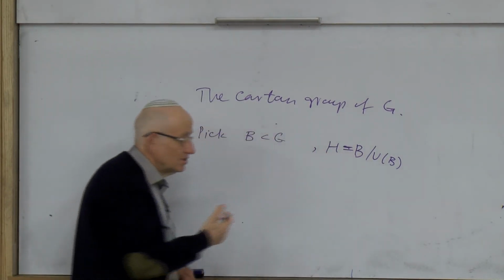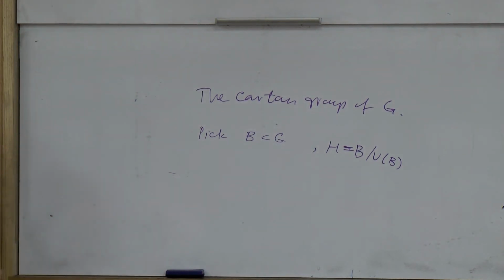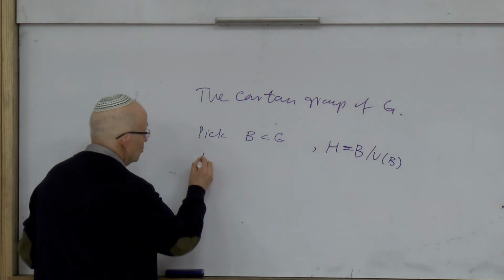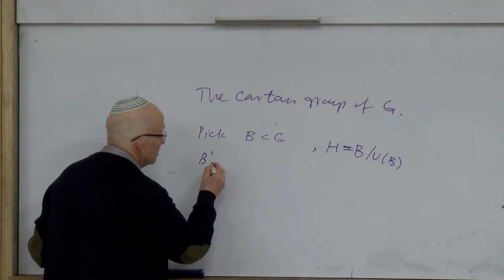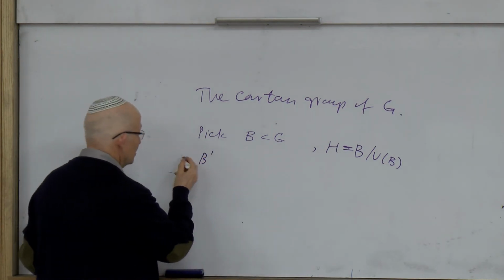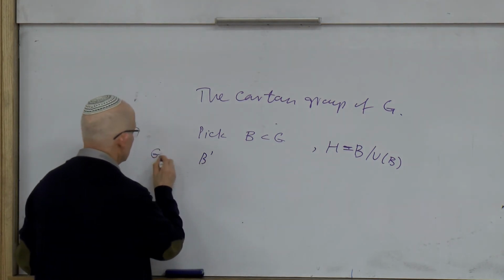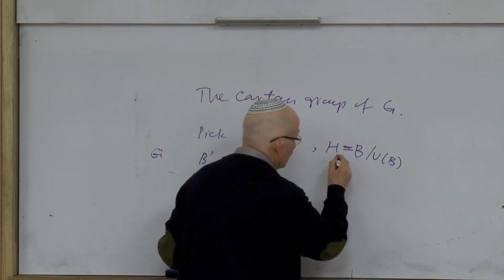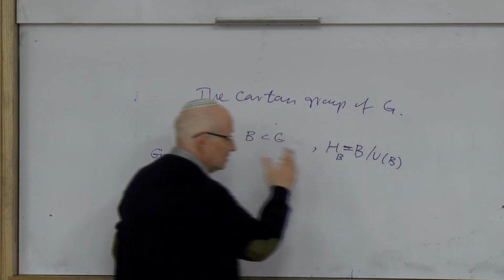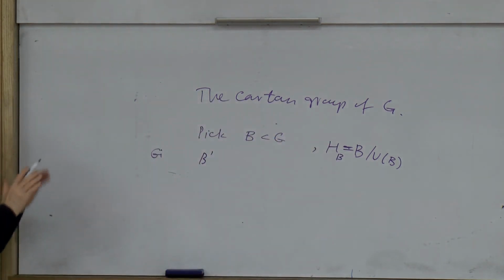The claim is that this group is defined uniquely with no choices. So we constructed, by choosing a Borel subgroup, a nice torus, and the claim is that it's absolutely canonically defined.